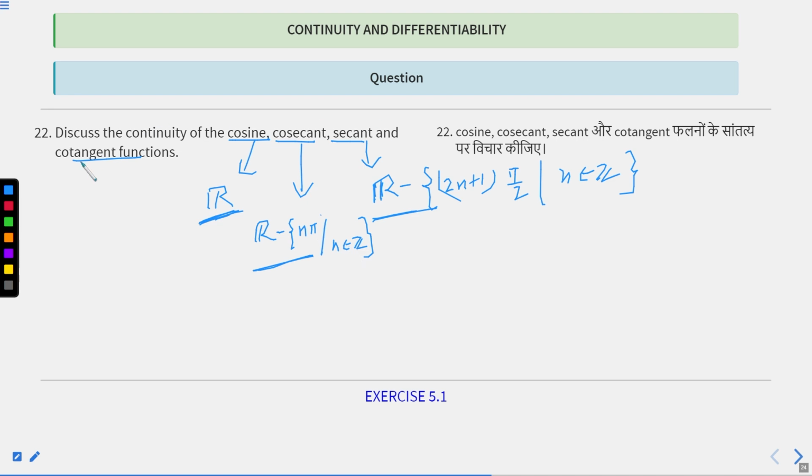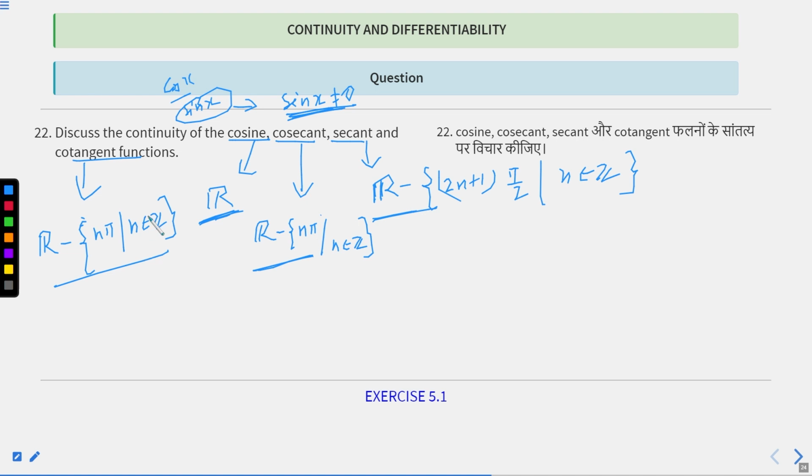And cotangent will be continuous in what domain? All reals except n pi, such that n belongs to integers. As cot x means cos x by sin x, and we all know that sin x cannot be 0, I am neglecting all such points where sin x equals 0, which is n pi.